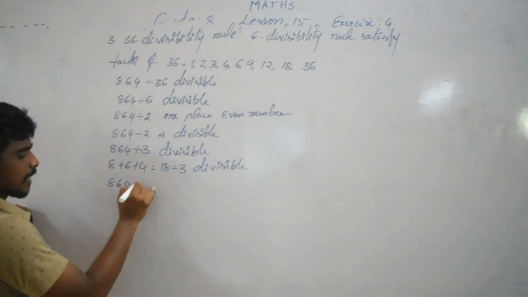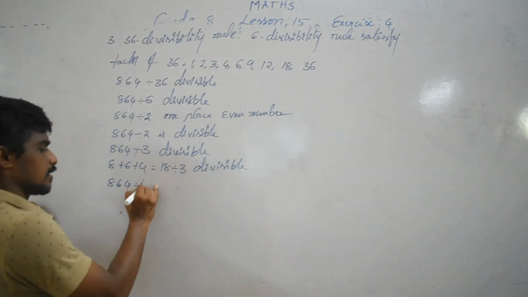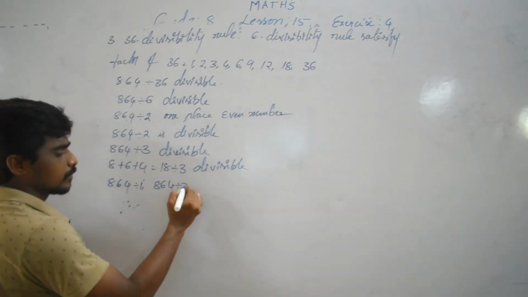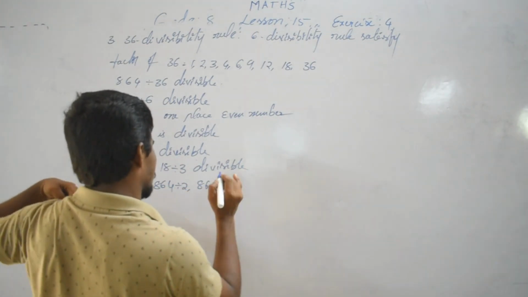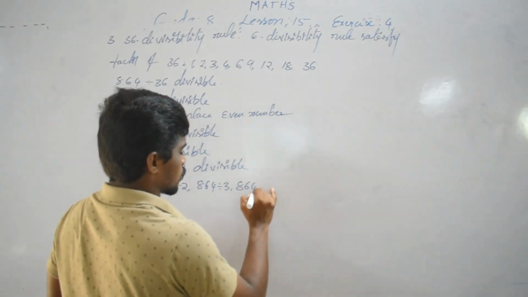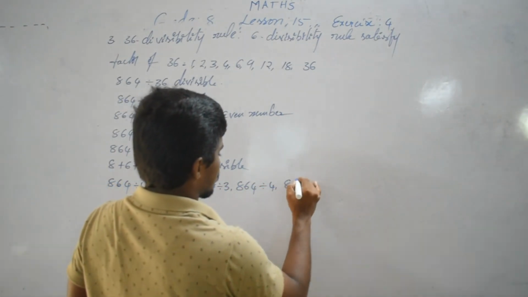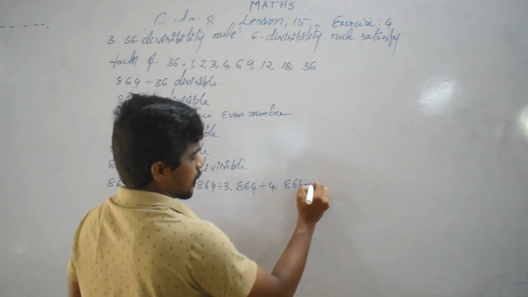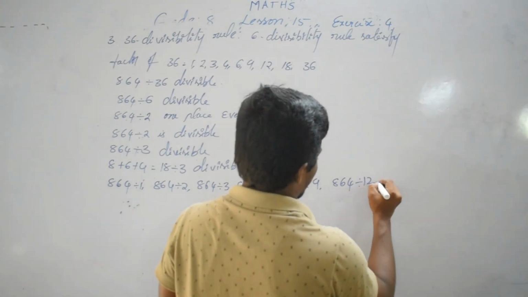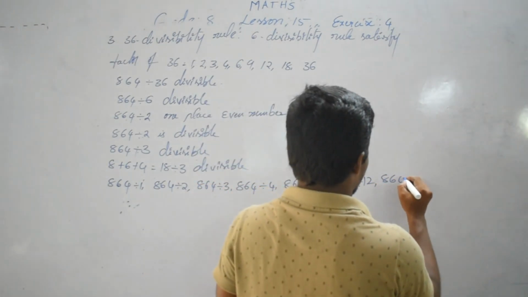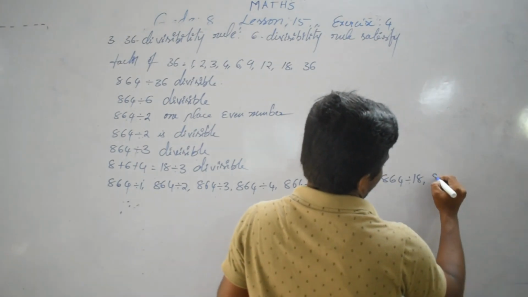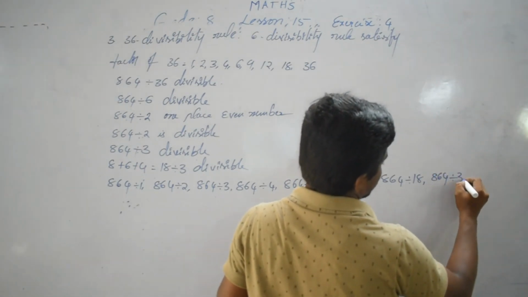864 divided by 1, 864 divided by 2, 864 divided by 3, 864 divided by 4, 864 divided by 9, 864 divided by 12, 864 divided by 18, 864 divided by 36.